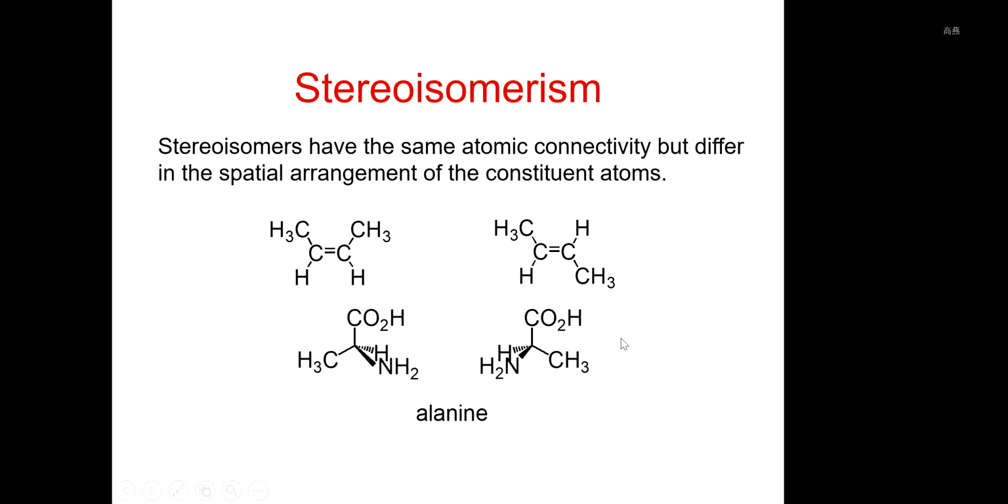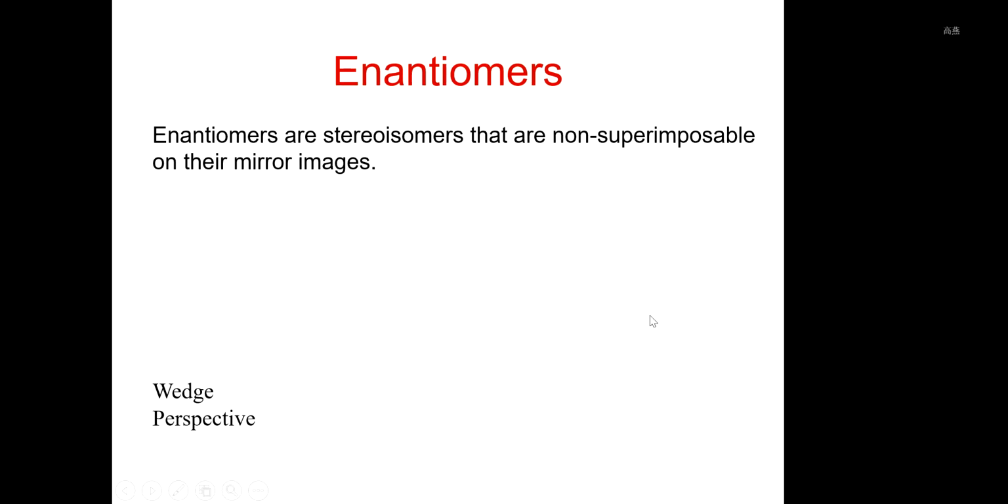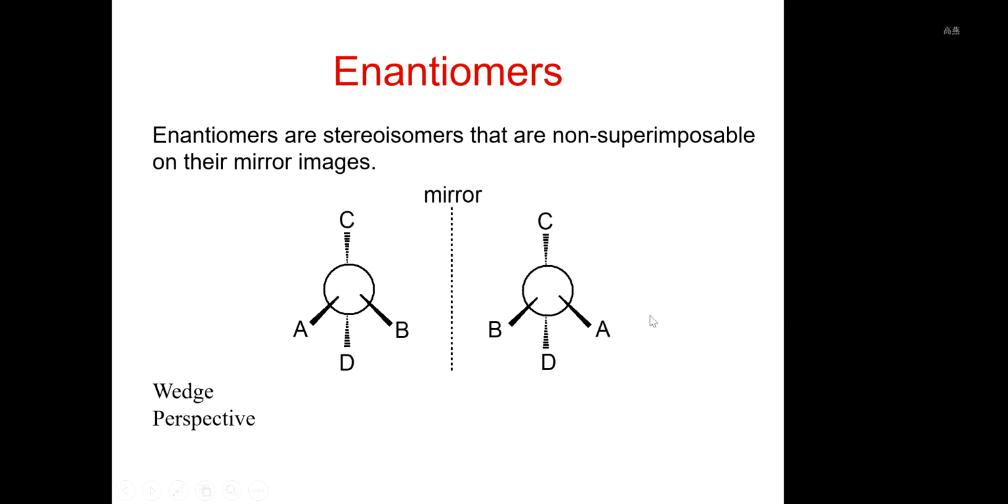So basically, that means there are actually 2 types of stereoisomerism also. The first one is enantiomers. Enantiomers are stereoisomers that are non-superimposable on their mirror image.